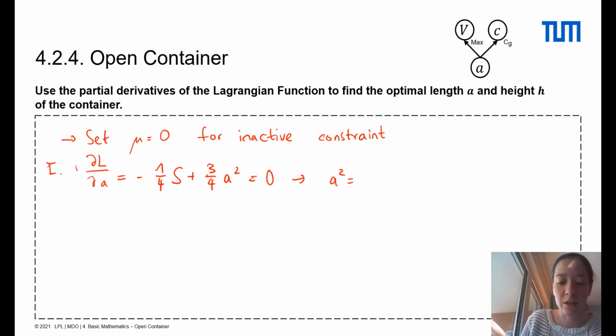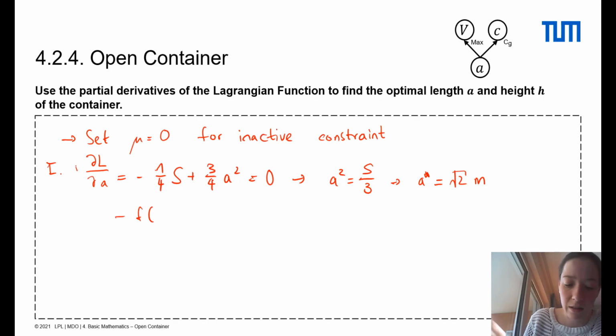So we know that h can solve that for h, and this is now the optimal solution, square root of 2, and our f of h star is minus square root of 2, and that's our optimum.